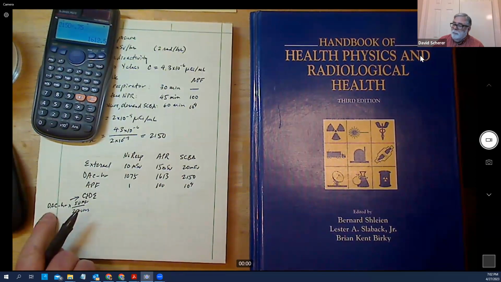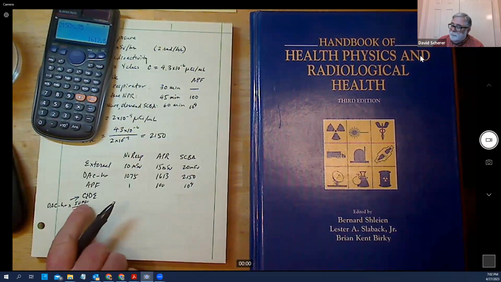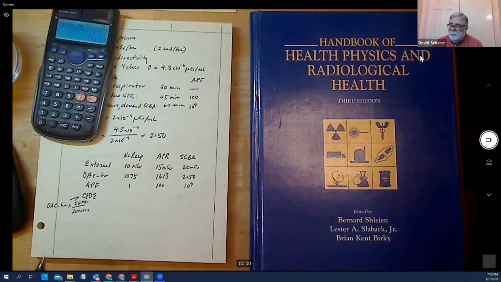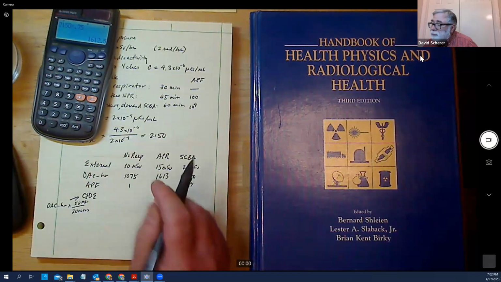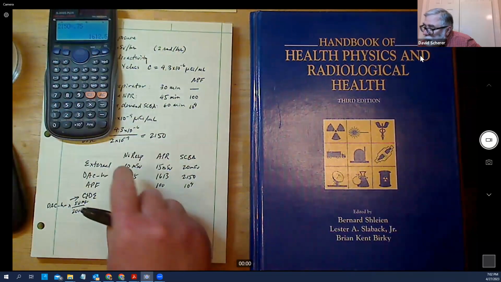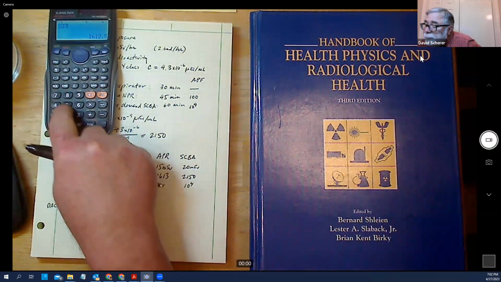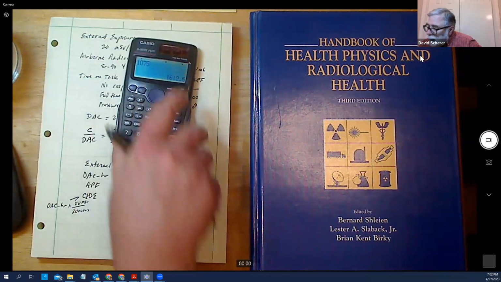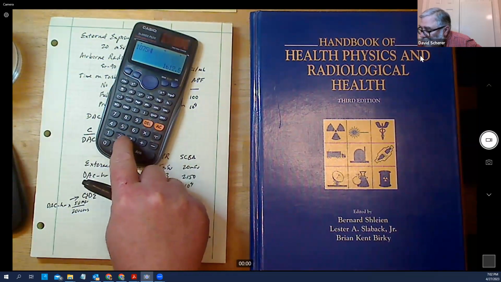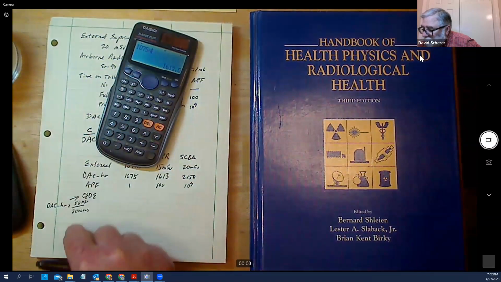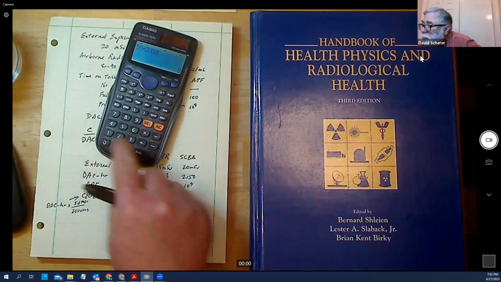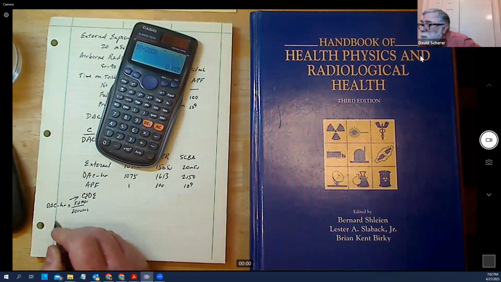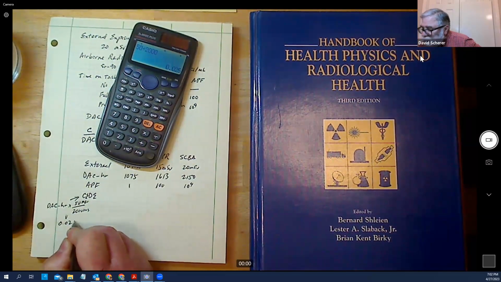So 2000 DAC hours will produce 50 millisieverts. So we scale our DAC hours by 2000 and multiply by 50 millisieverts. I've got 1075 DAC hours times 50 over 2000, and that is 0.025.